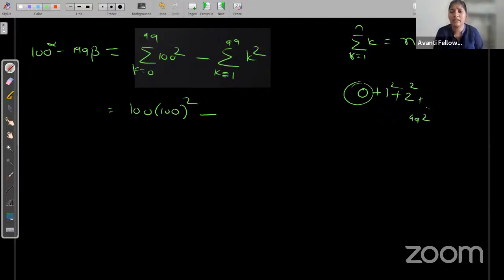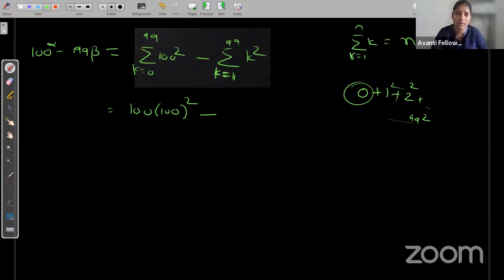Well, this 0 doesn't have any value at all. So no need to consider it. Even if we substitute the value, it's going to be 0. So I considered the summation from k is equal to 1 to 99. Okay. So we are adding totally 99 terms here. So what is the summation of squares of the first 99 terms? Tell me.